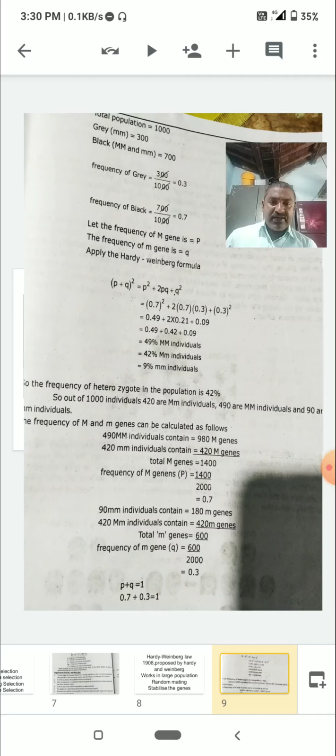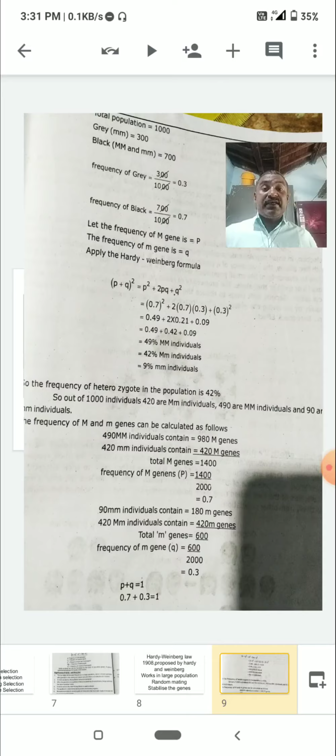So, we have to identify this. We have to apply the principle p plus q equal to 1. Here 49% means 490 capital M individuals, which contain 980 capital M genes.